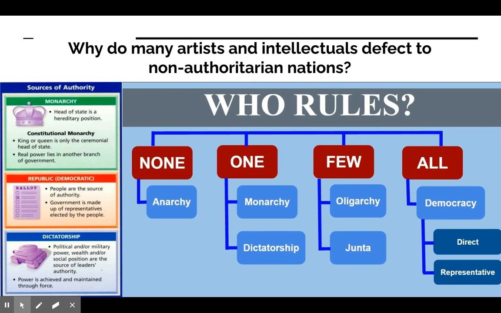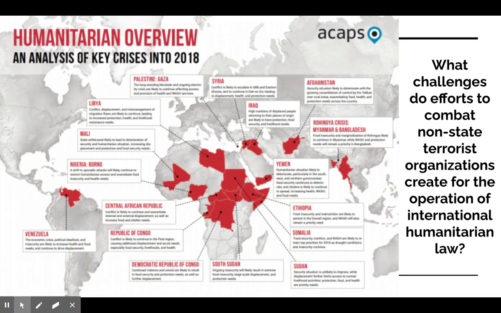And why do many artists and intellectuals defect to non-authoritarian nations? We get a lot of people who move into our country from other ones escaping political problems because their governments aren't functioning. They're what we might call a failed state. Now, these are governments that aren't really functioning.